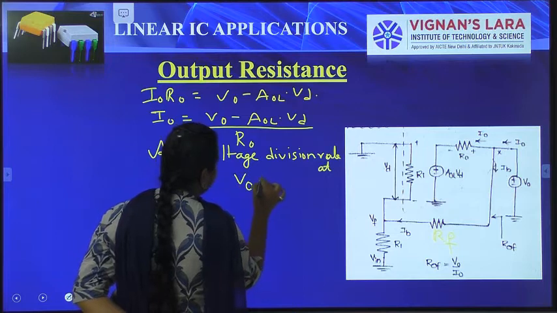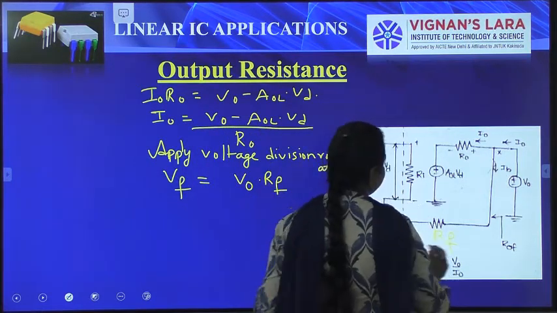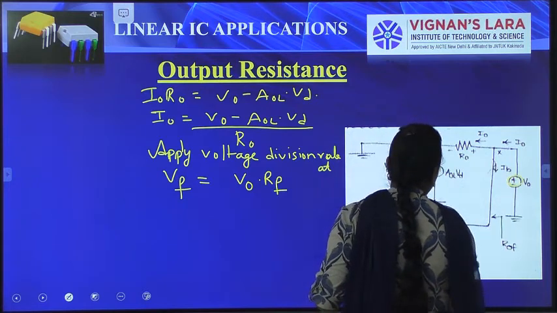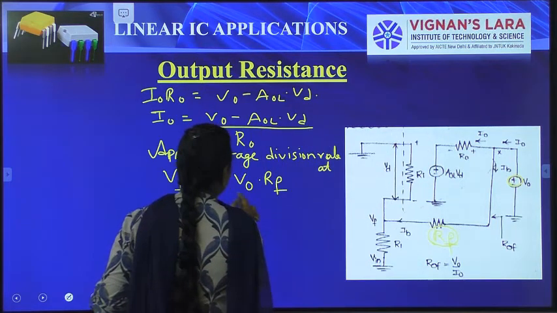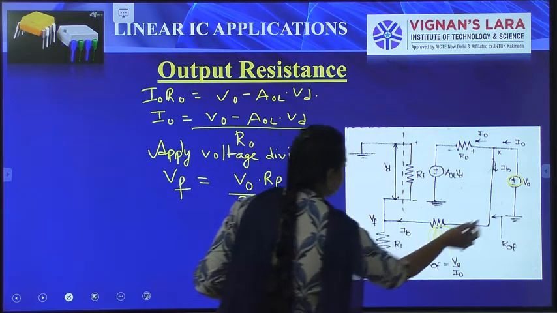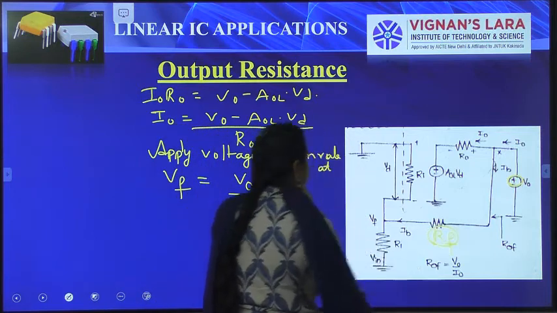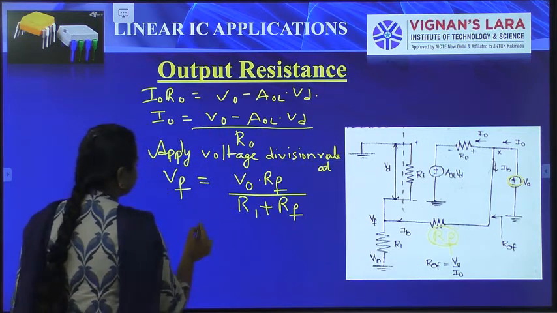From the voltage division rule, VF is equal to V0 into RF divided by R1 plus RF.